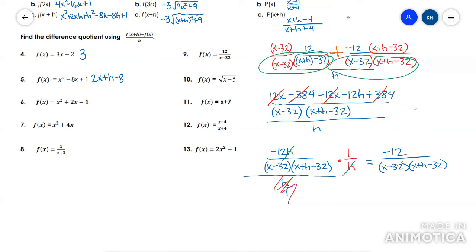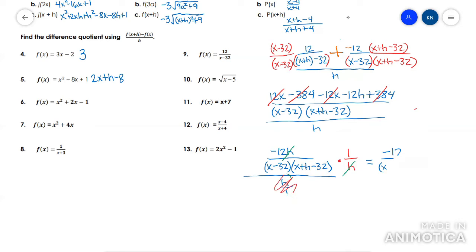That's this part. And then you'll have to distribute the numerators. Then stuff will cancel. Then instead of writing it over h, put it as over h over 1. Flip that fraction and change it to a multiply. Things will cancel. You'll end up with your answer.